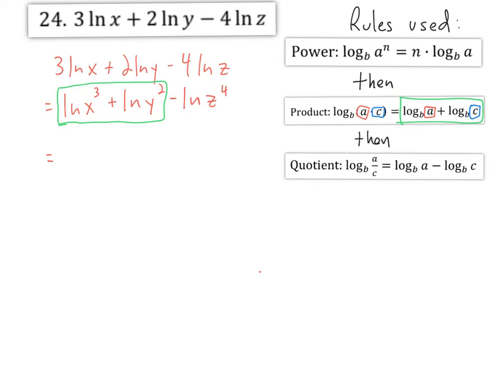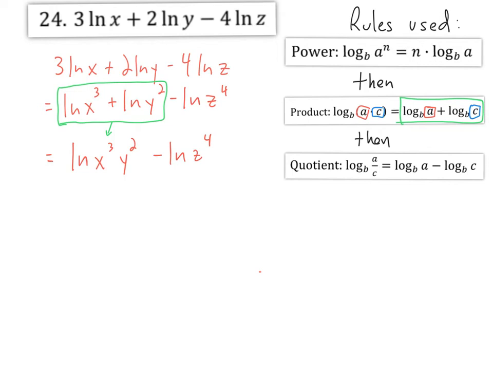So this whole thing here becomes ln of x cubed y squared. And then just minus ln z to the 4th. That just stays the same on the outside.